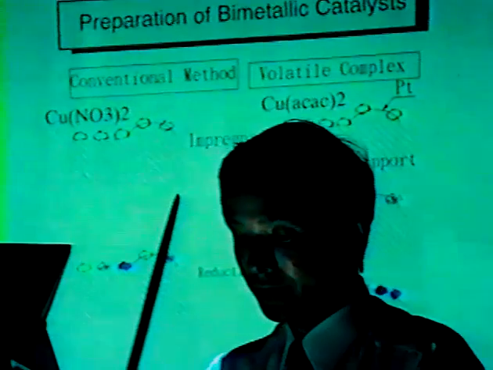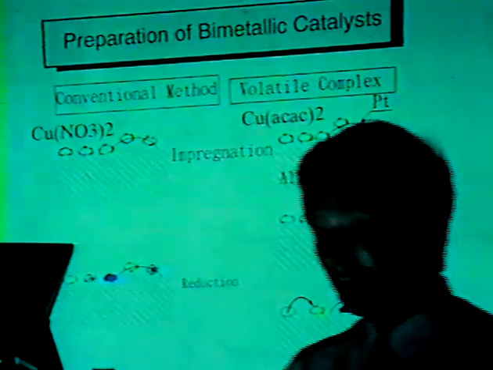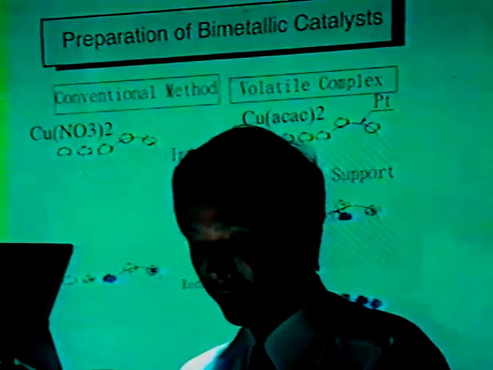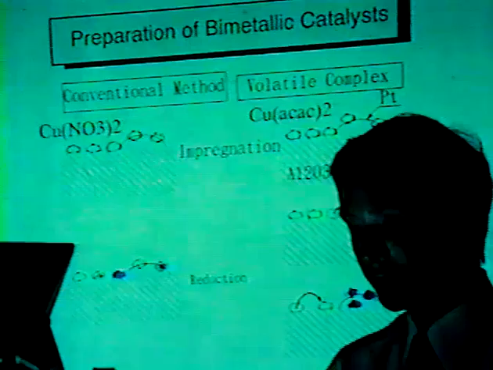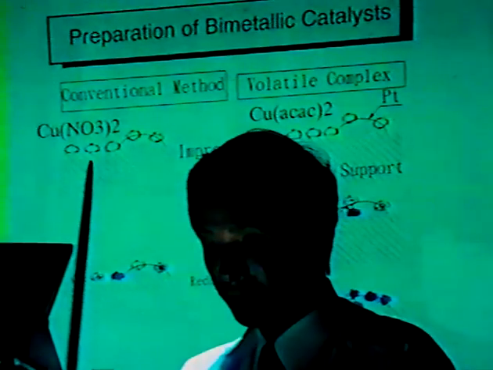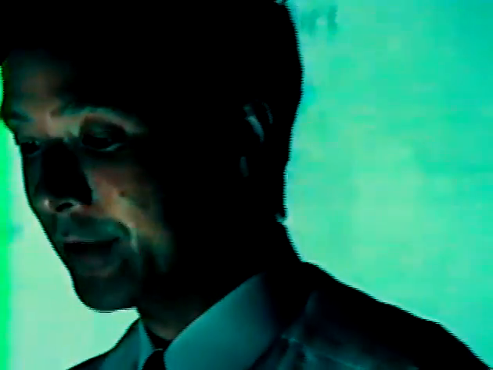When it is supported by impregnation, it distributes on the catalyst surface uniformly. And because the precursor is fixed on the catalyst surface, it is reduced at the same position as supported. And finally, copper distributes not only on the platinum surface but also on the surface of support. And interaction between two metals is not sufficient.